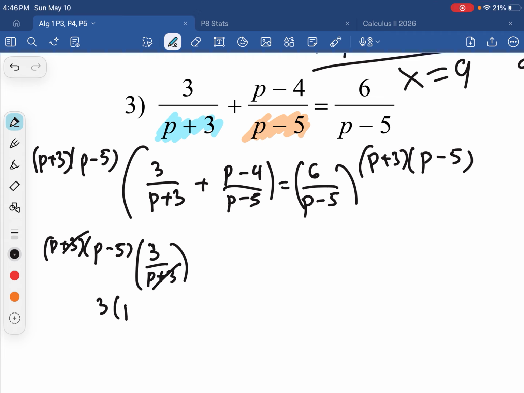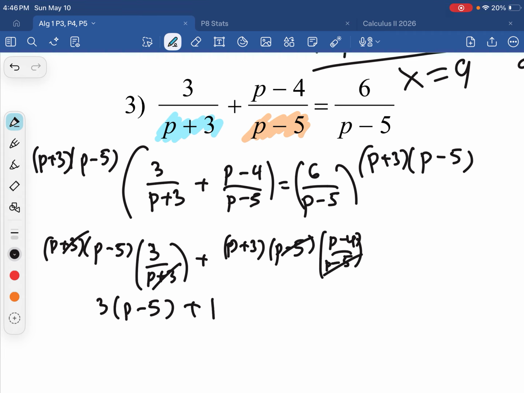I have 3 times p minus 5 plus, and the p minus 5 and the p minus 5 are going to cancel. This is p plus 3 times p minus 4 equals, and then 6 times p plus 3 times p minus 5 divided by p minus 5 is 6 times p plus 3.